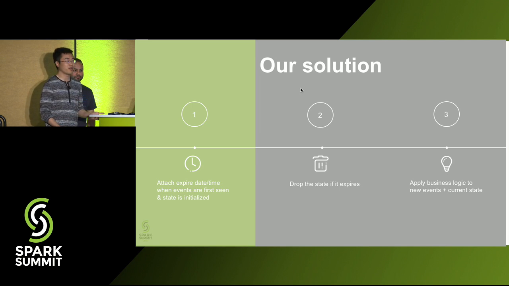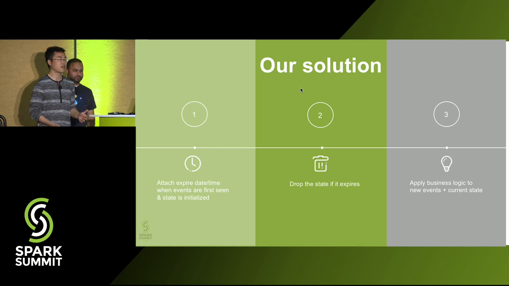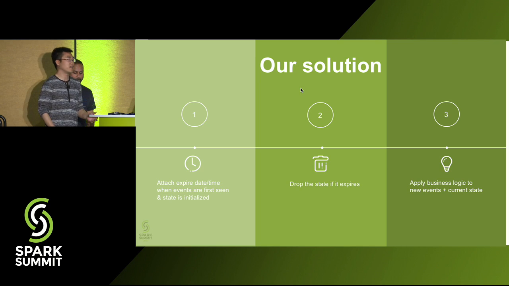If it's a completely new event, you initialize your state for that key. The second step is that if it's old state and the attached expiry datetime has already passed, you remove it from that window. The third step is that for any incoming new events, and if there is already state there, you apply your business logic to it.